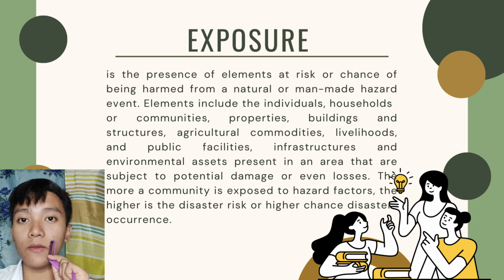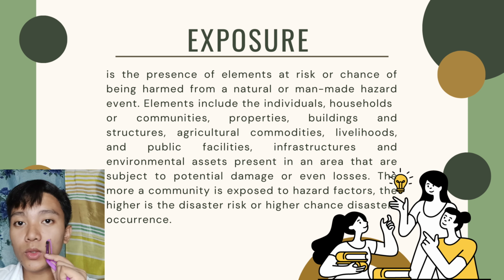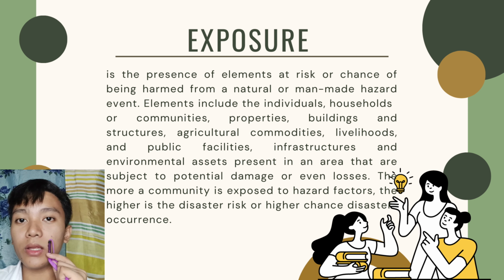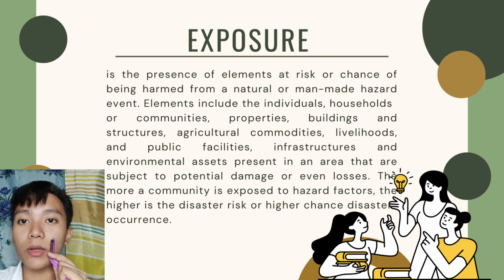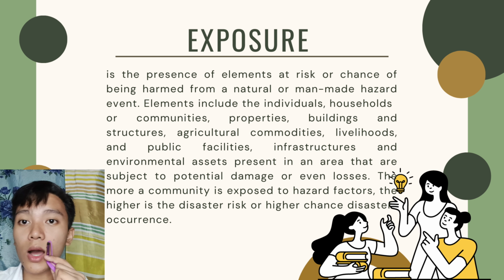Elements include individuals, households, or communities, properties, buildings and structures, agricultural commodities, livelihoods and public facilities, infrastructures, and environmental assets present in the area that are subject to potential damage or even losses. The more a community is exposed to hazard factors, the higher the disaster risk or the higher the chance of disaster occurrence.